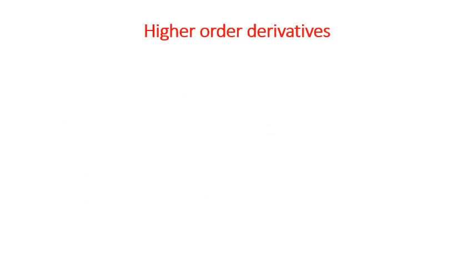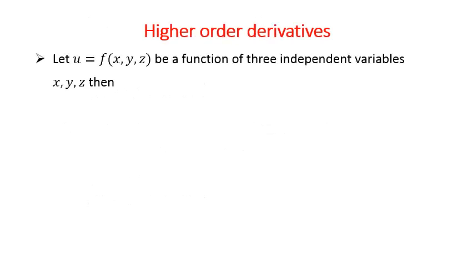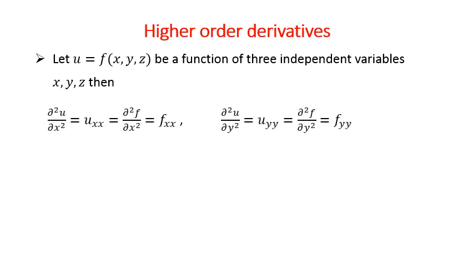Let us see higher order derivatives. Let u equal to f of x, y, z be a function of three independent variables x, y and z. First we find dou square u upon dou x square. Differentiate u partially with respect to x, then we get dou u upon dou x.